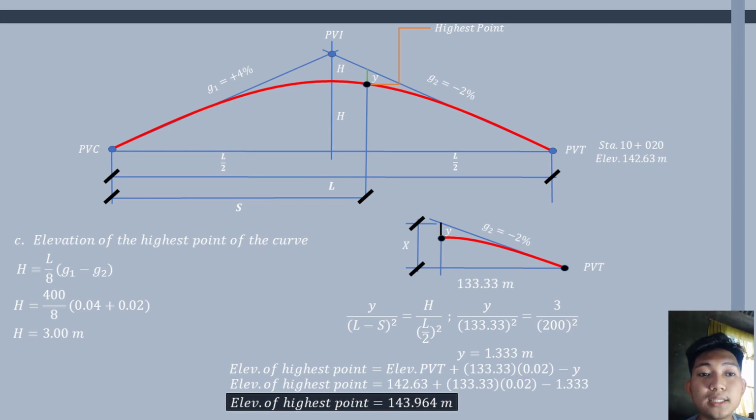Then plus the 133.33 or the L minus S and i-times sa G2, G sub 2 which is equal to 0.02, minus y nga imong nakuha kanina sa ratio and proportion. So naa na given na 1.333. So yes, makuha na nato ang elevation of the highest point which is equal to 143.964 meters.